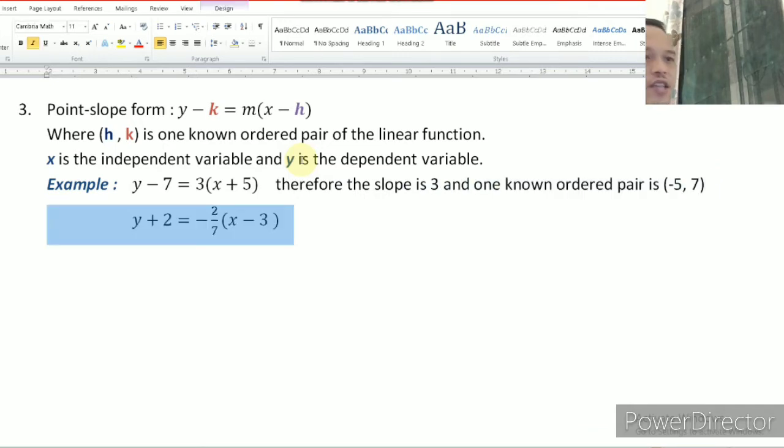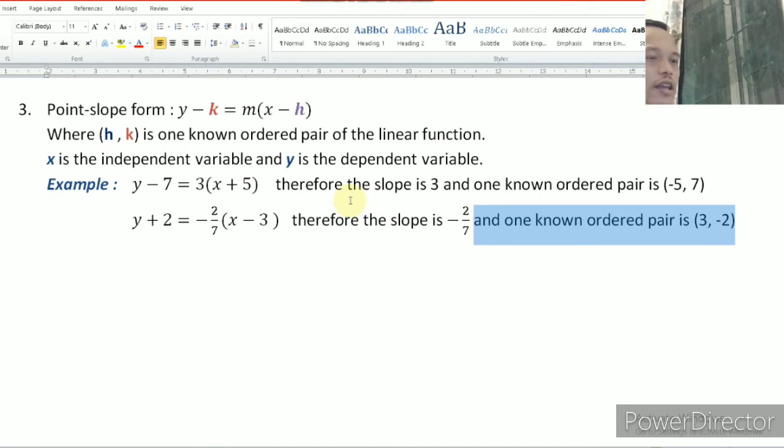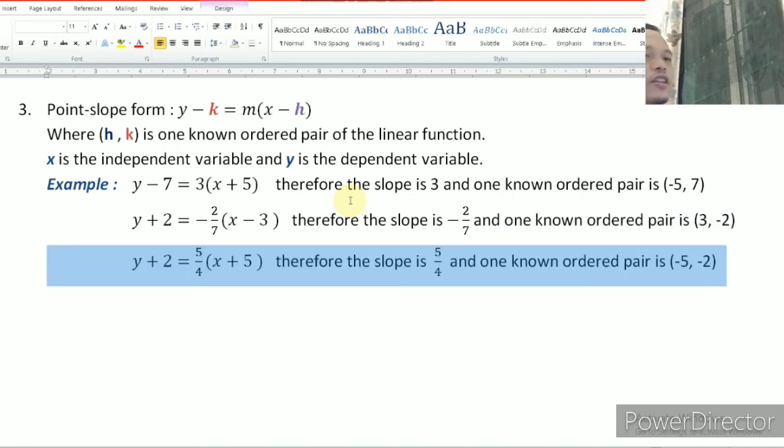Okay, the slope is 3 and the one known ordered pair is (negative 5, 7). Let me give you another example for us to learn. If this is the equation in the point-slope form, I can directly extract the information that the slope is negative 2 over 7 and the known ordered pair is (3, negative 2). Therefore, the slope is negative 2 over 7 and one known ordered pair is (3, negative 2). Let me give you another example.